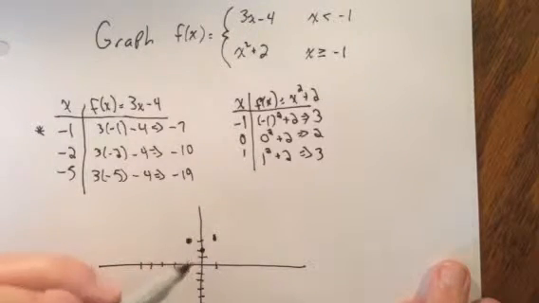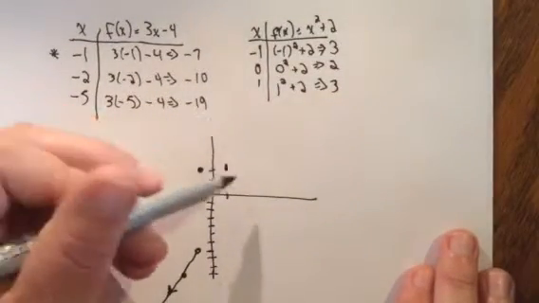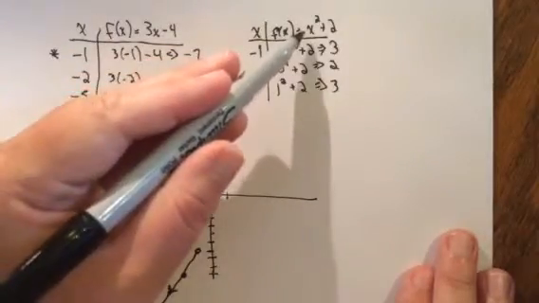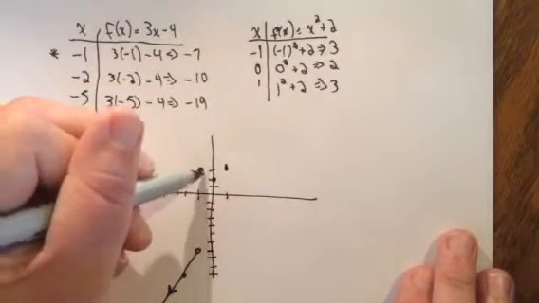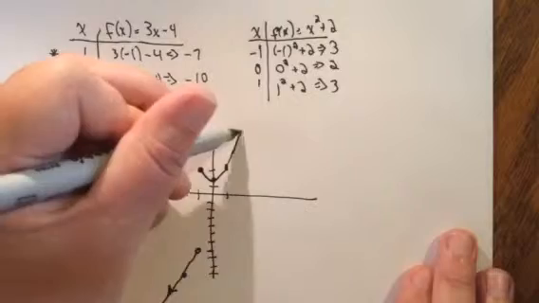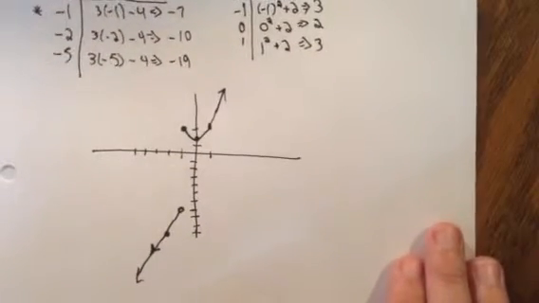I'm going to check that the behavior of this graph keeps going this way. If I sub in 2, it would keep going up: 2 squared is 4, plus 2 is 6. If I subbed in 3, it'd keep going up. So I think my graph is going to continue going up, like that. So this is what my piecewise graph would look like.